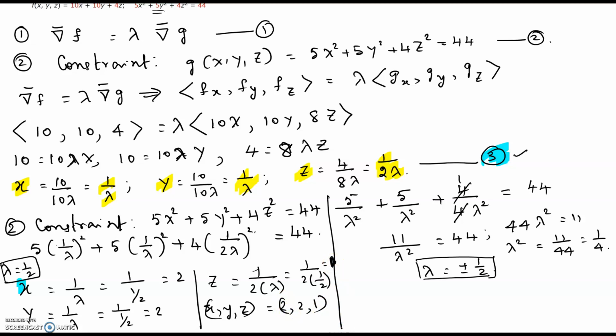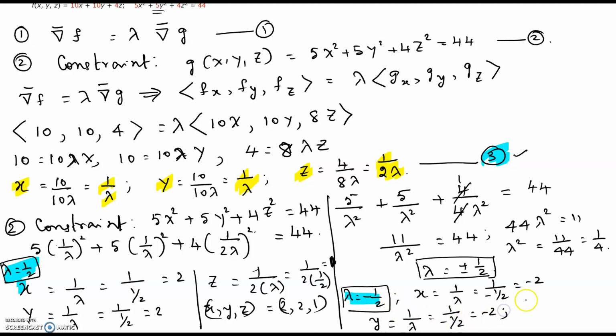Then we are going to use the other relation, lambda equal to negative 1 half. We're going to use lambda equal to negative 1 half and get the corresponding x, y, z. X equal to 1 over lambda or 1 over negative 1 half, that will be a negative 2. Similarly, y equal to 1 over lambda equal to negative 1 half, that will be a negative 2.